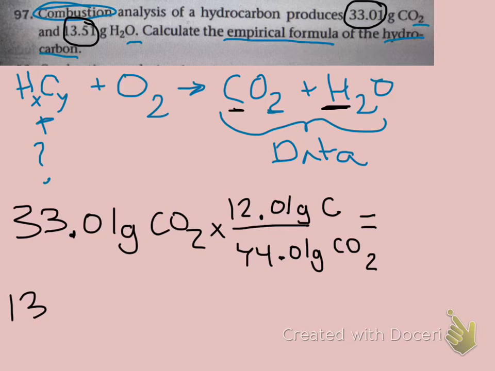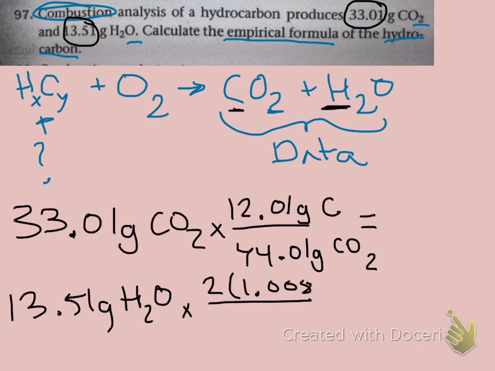So if we have 13.51 grams of H2O, I want you to notice we have 2 atoms of hydrogen for every 1 molecule of water, which means we have 2 times the molar mass of hydrogen for every molar mass of water.